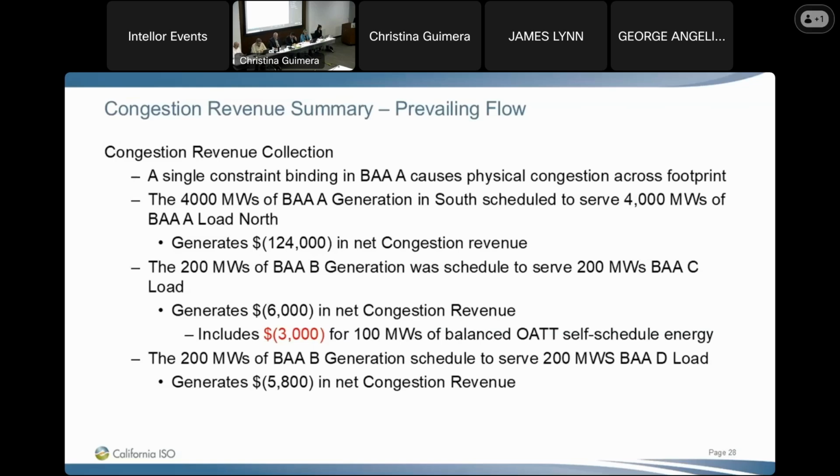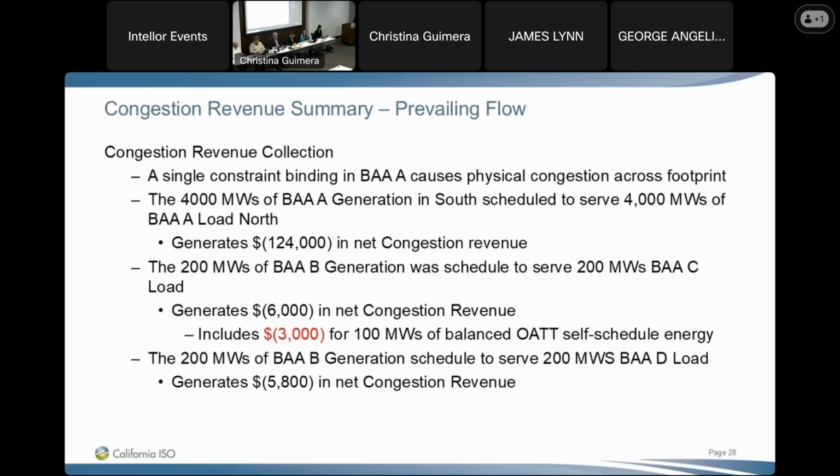This is the congestion revenue that is going to be impacted by the draft final proposal. The other 200 megawatts of generation in BAB that has been scheduled is serving load in BAD. The price differential means I'm collecting $5,800 worth of net congestion revenue.